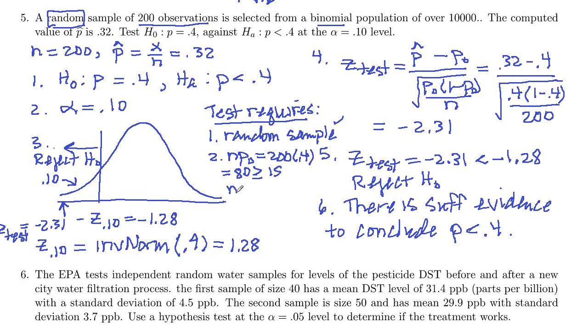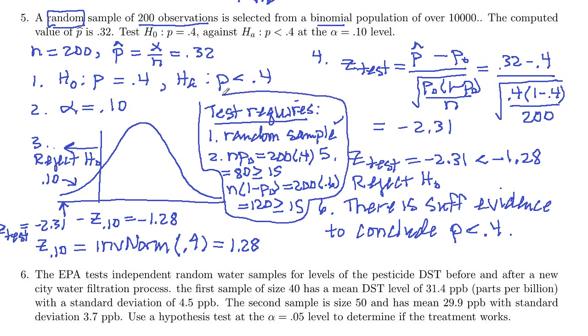And then n times 1 minus p0. So that's going to be 200 times 1 minus 0.4, 0.6. So that will be 120. And both of those are greater than or equal to 15. So if you need test requirements, you will have to check those two conditions.